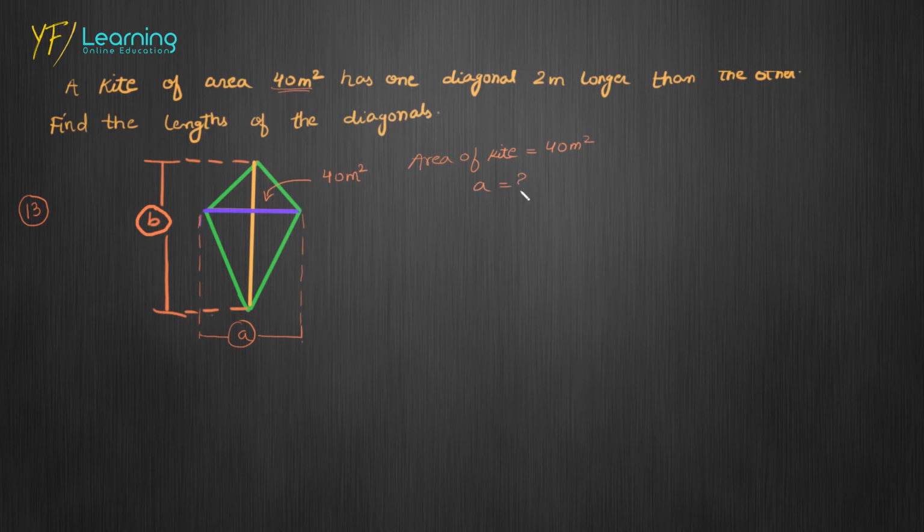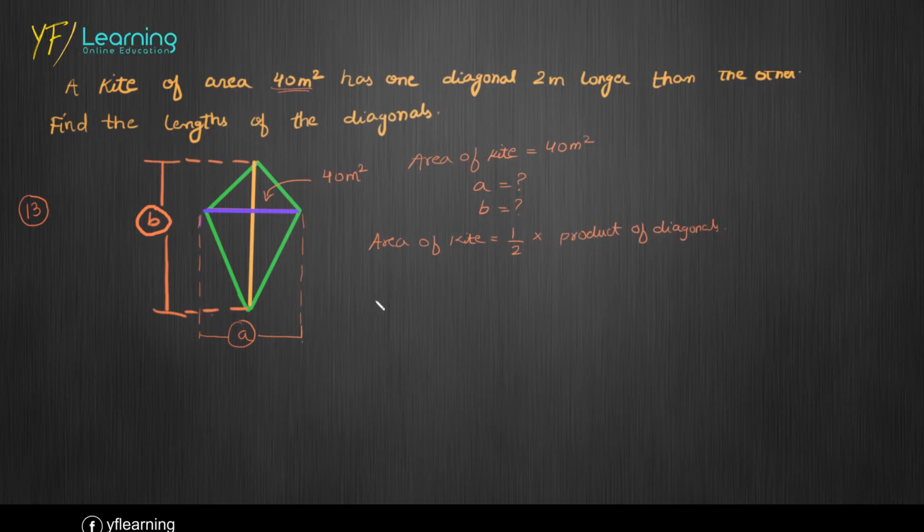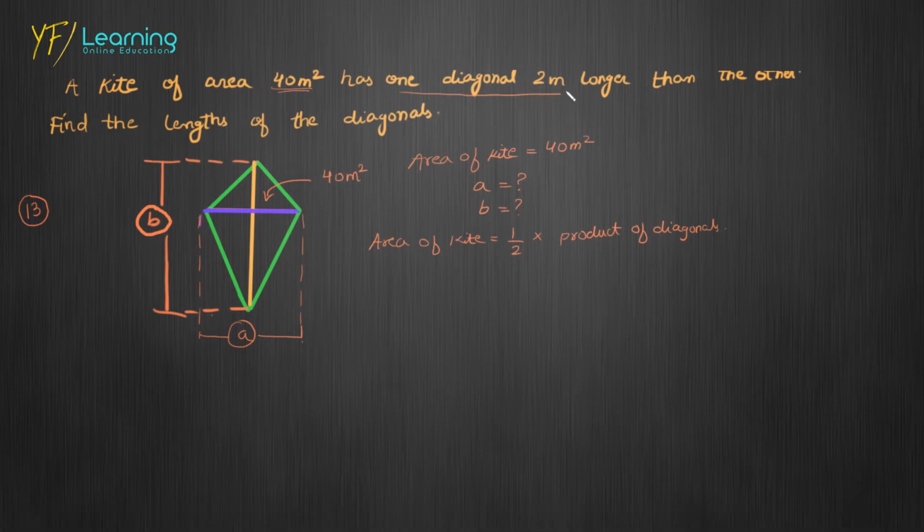We need to calculate A and B. The formula of area of kite is equal to half times the product of diagonals. The information given in the question is that one diagonal is 2 meters longer than the other.